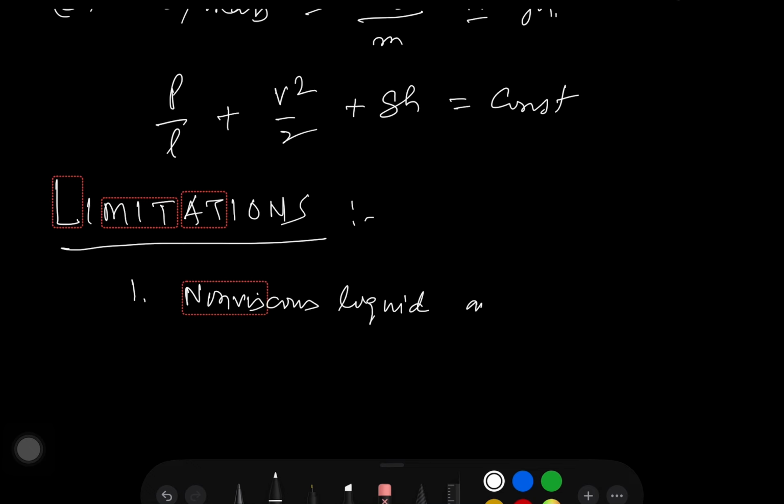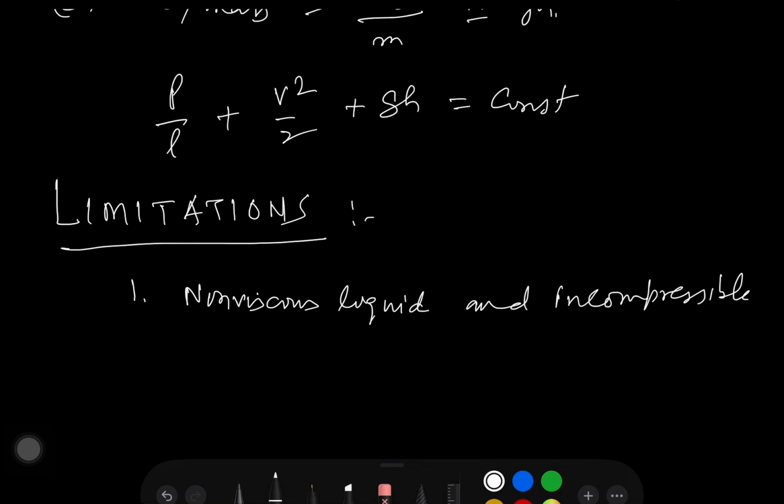So I think the concept is now clear to you. So the limitation is also clear to you. Non-viscous liquid and incompressible liquid, it is an ideal concept. And when it is an ideal concept, then truly speaking, 100% results of Bernoulli's theorem are not possible.